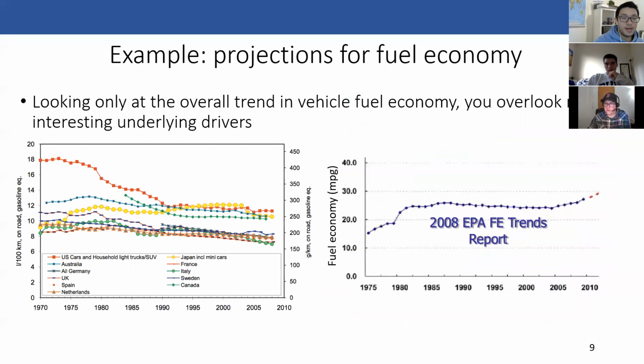So going back to here, later on in the course, we'll be talking about one of the large-scale transportation policies called the CAFE standards, which is the Corporate Average Fuel Economy Standards in the United States, which are requirements for automakers to build cars of a certain fuel efficiency.